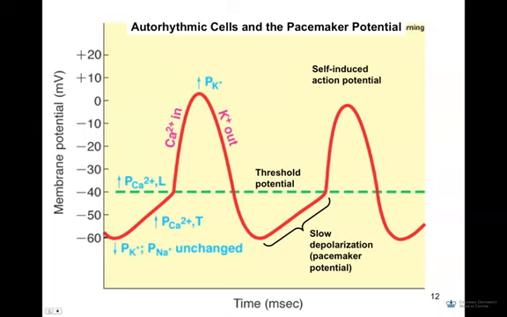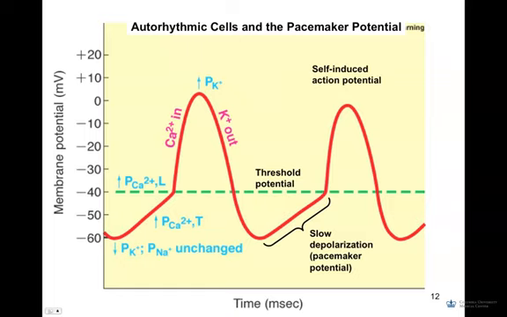They have a very ever-changing membrane potential. But the lowest value, as it's drawn on this slide, is -60. Okay? So these autorhythmic cells spend a brief time at -60, and then their membrane potential seems to be drifting in this upward depolarizing direction.